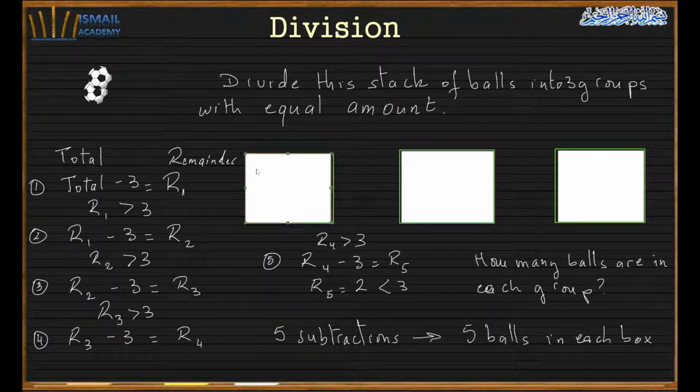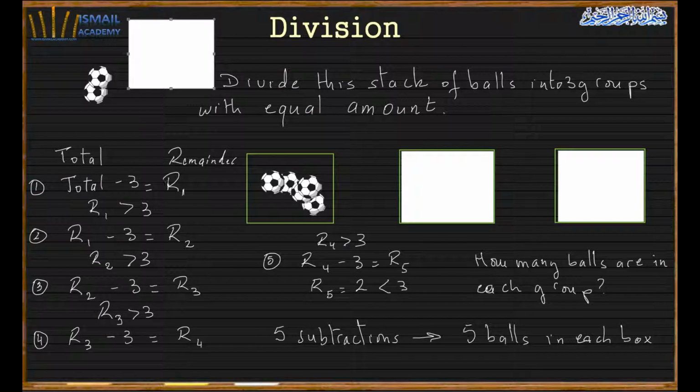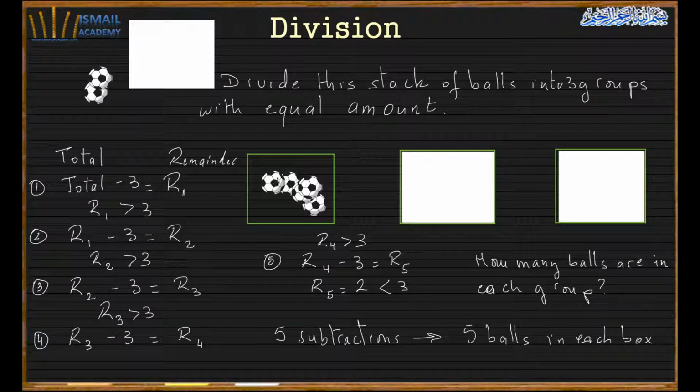So let me remove this and count each ball here. We have the first one, second, third, fourth, and fifth. And there's no hiding ball. As you see, we have 5 balls.